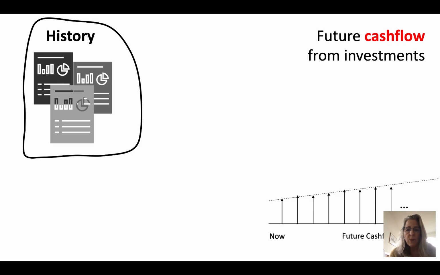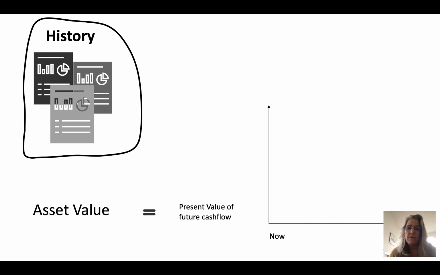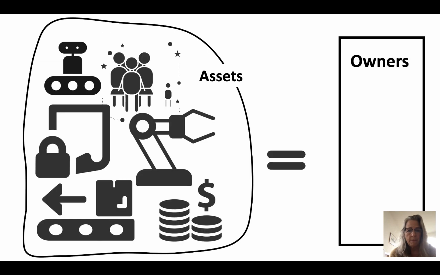And so now we can do a calculation of the present value of these future cash flows. And then this becomes the value of the assets of the firm. So we've just gone through the logic associated with looking at assets. The value of assets is the present value of future cash flows. And we're going to apply that to a company that has many, many assets. And we look at the historical values in order to predict what the future is going to be.